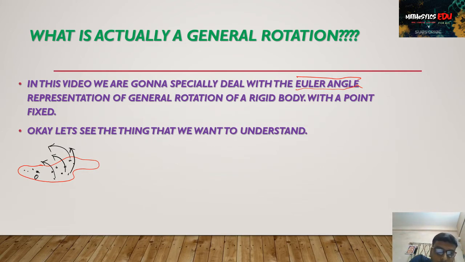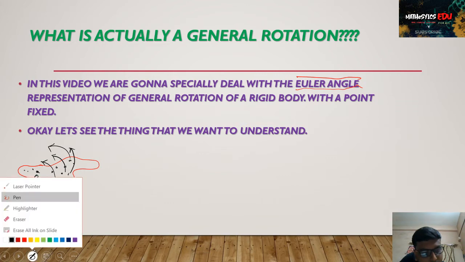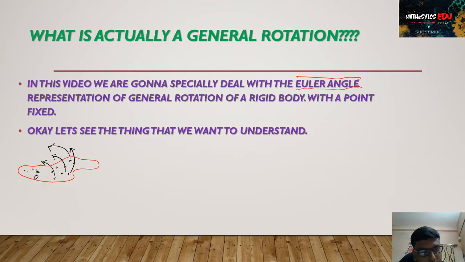Okay, that means after some time, this point which lies on the body will be at that position only, but all other points describing certain specific rotation will change their configuration to some other configuration, such as, for example, let me draw another arrangement such as this.